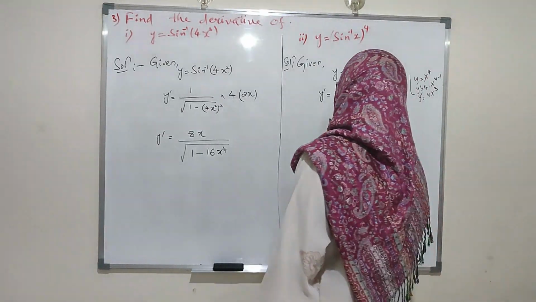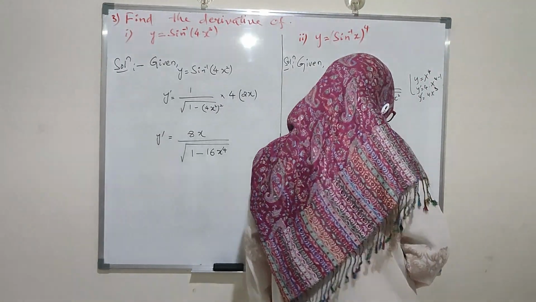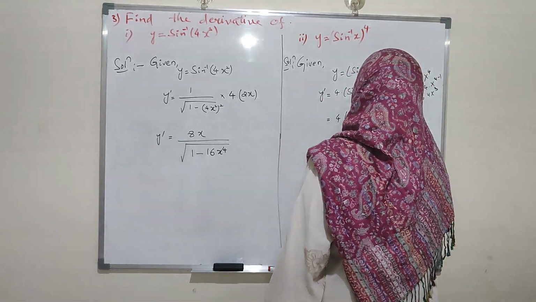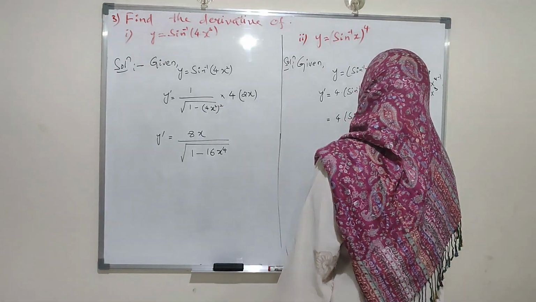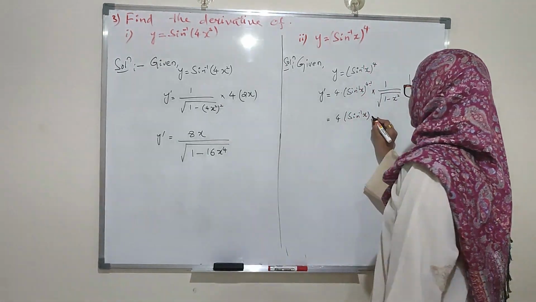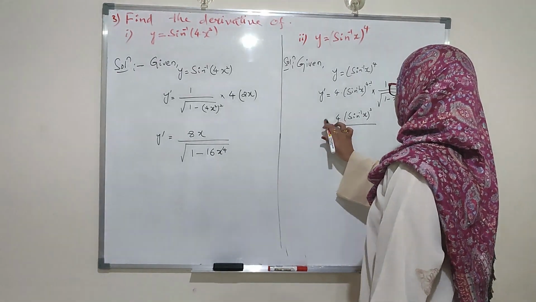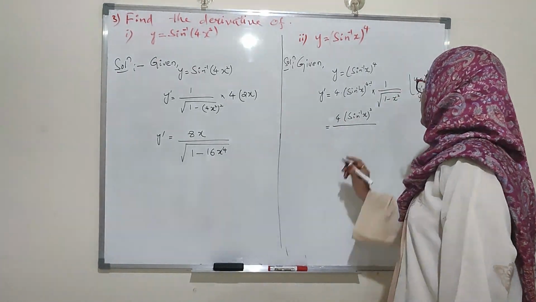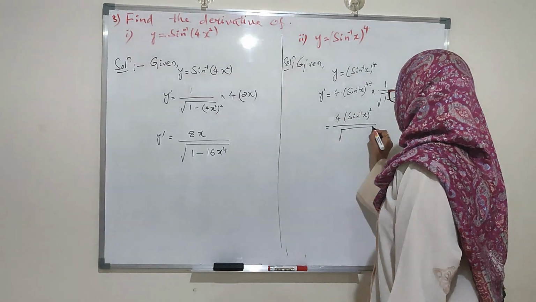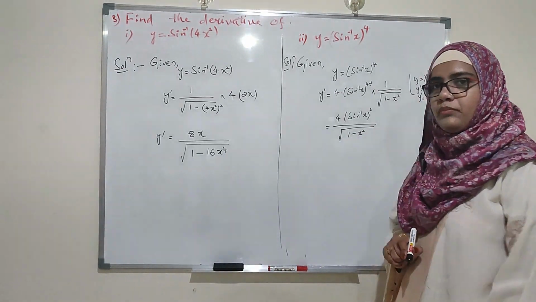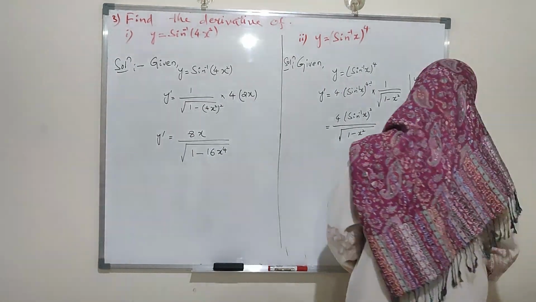Okay, write 4 into sin inverse of x raised to 4 minus 1 is 3, whole divided by, write the equal sign, under root of 1 minus x square. It is y dash.